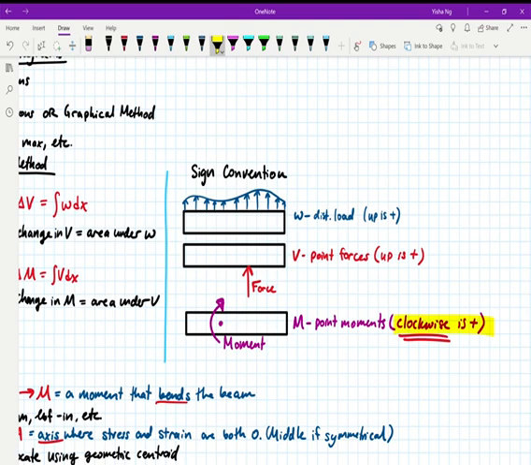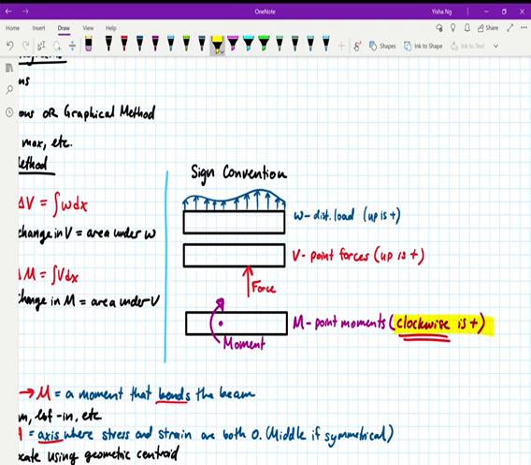I know it's confusing. The way that I like to think of it is, if you have an external moment acting on your beam, and you're drawing a shear moment diagram, your diagram is the reactions of the beam to your outside forces. So if you have a clockwise moment acting on the beam, you're going to have a counterclockwise moment reacting to that.